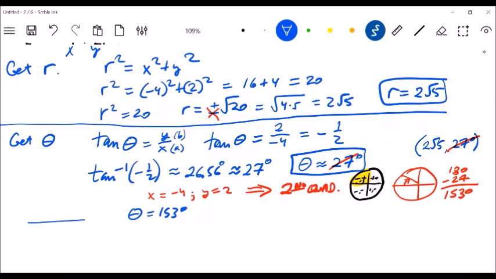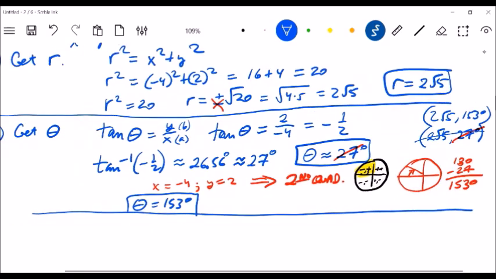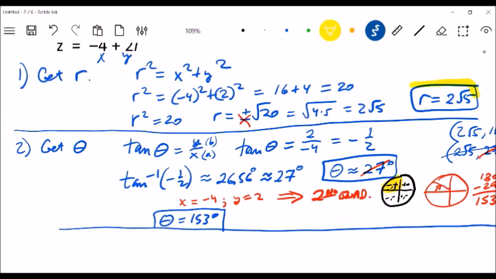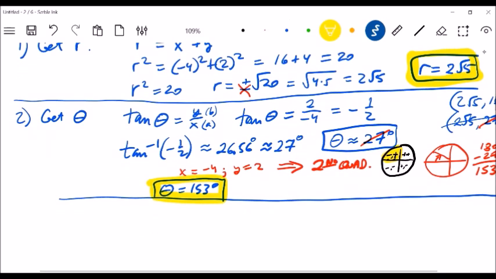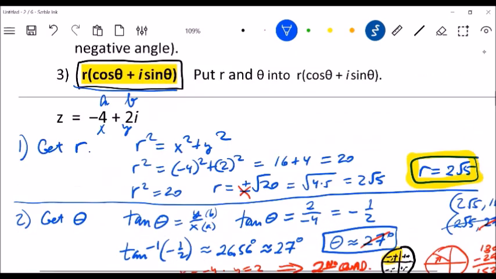So instead of doing this, I would have 2 root 5 and 153 degrees. Now that we have these two things, the radius and the correct degrees based on the quadrant, now we can write the polar form.